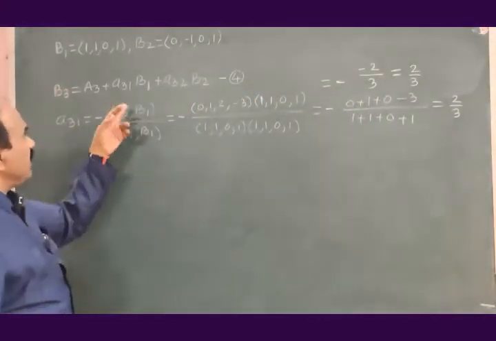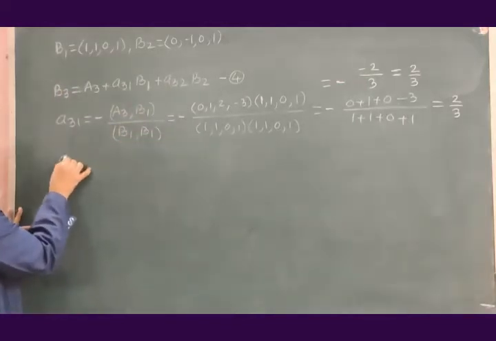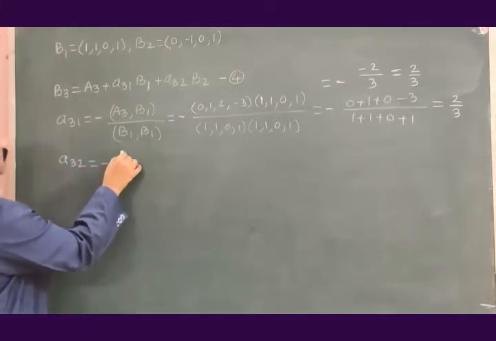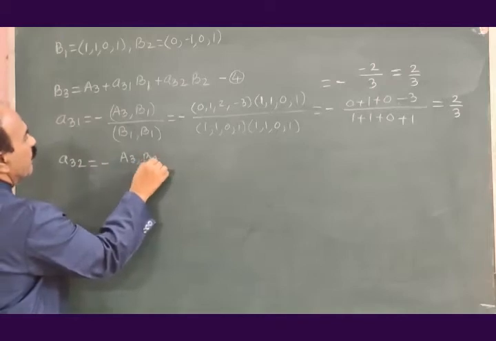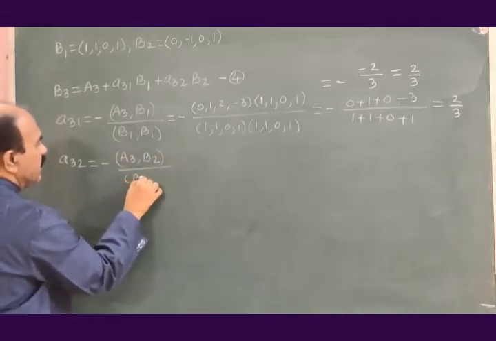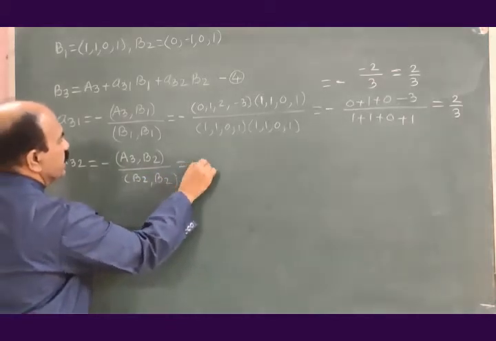After getting value of A31, we have to get value of A32. A32 is equal to minus of (A3, B2) divided by (B2, B2).